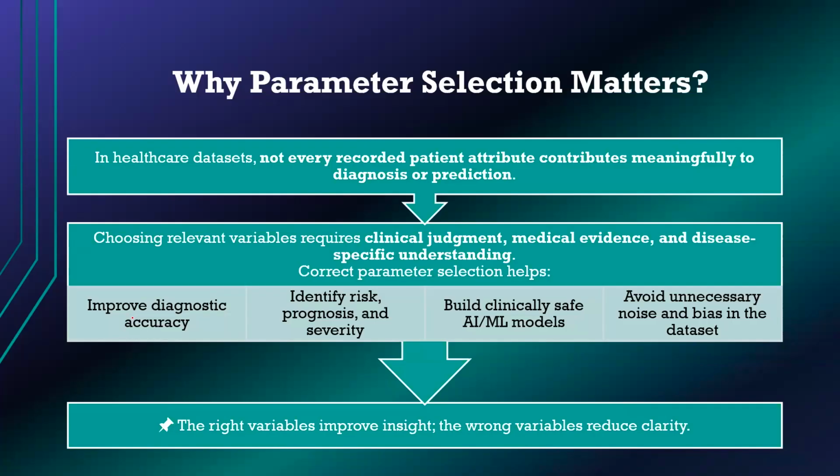That is why we generally say that there may be hundreds of different parameters or vitals that you may be getting even from a single patient who is undergoing a certain type of treatment. But it is your call, your clinical judgment, your specific understanding of the topic, and your ability to get medical evidence from those attributes that will help you select the most relevant variables out of the entire insight.